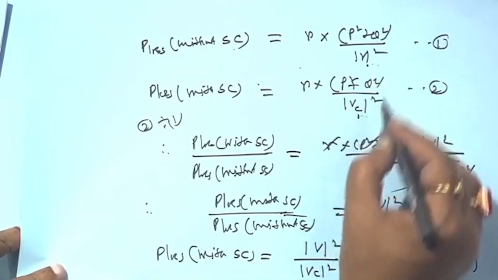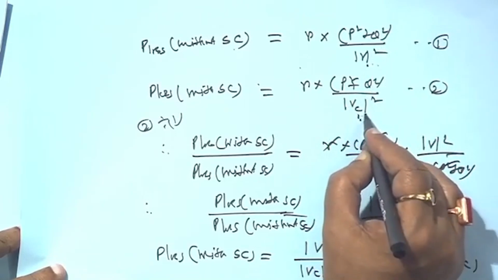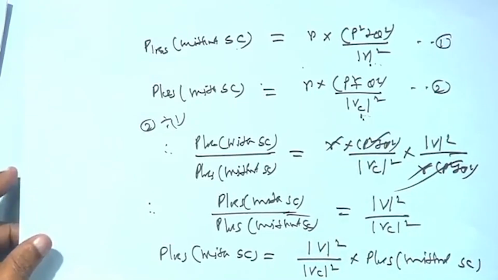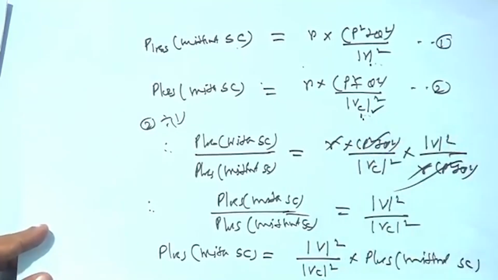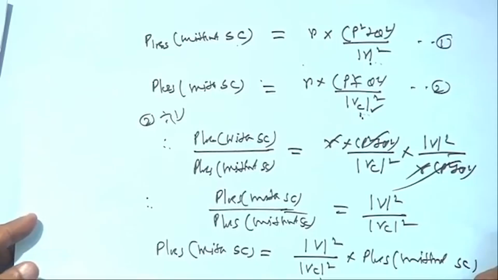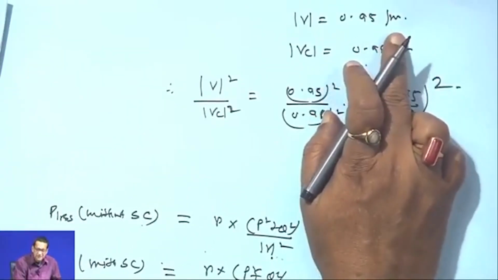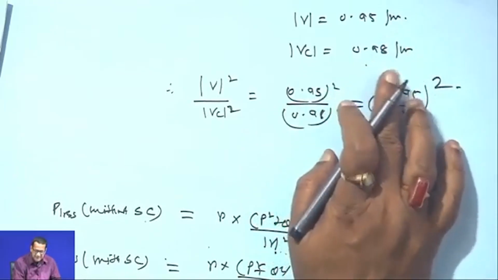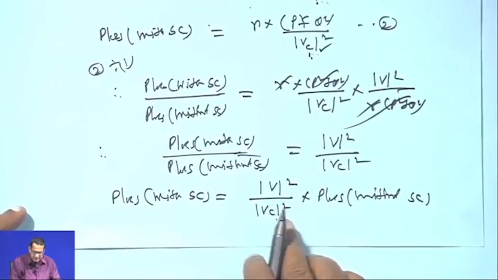So, power loss will decrease to some extent because of this voltage improvement. Initially it was 0.95 per unit, and now after the series capacitor the voltage magnitude has changed to 0.98. So, V square upon Vc square, right.